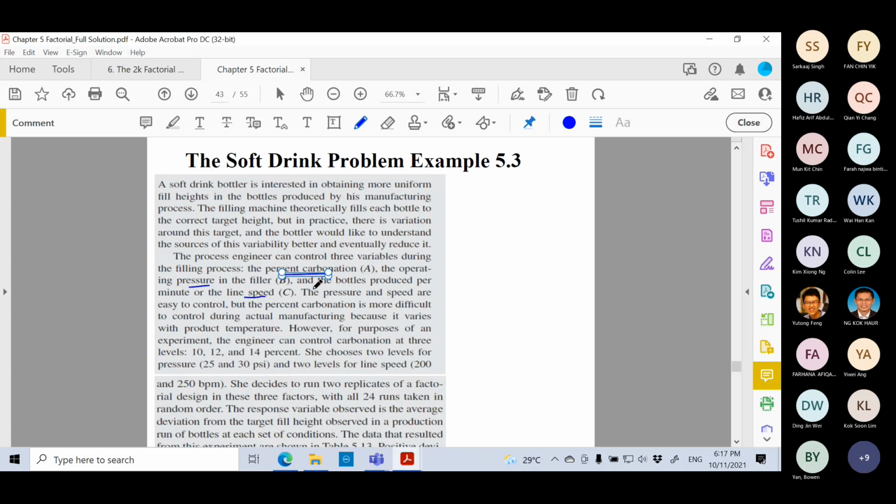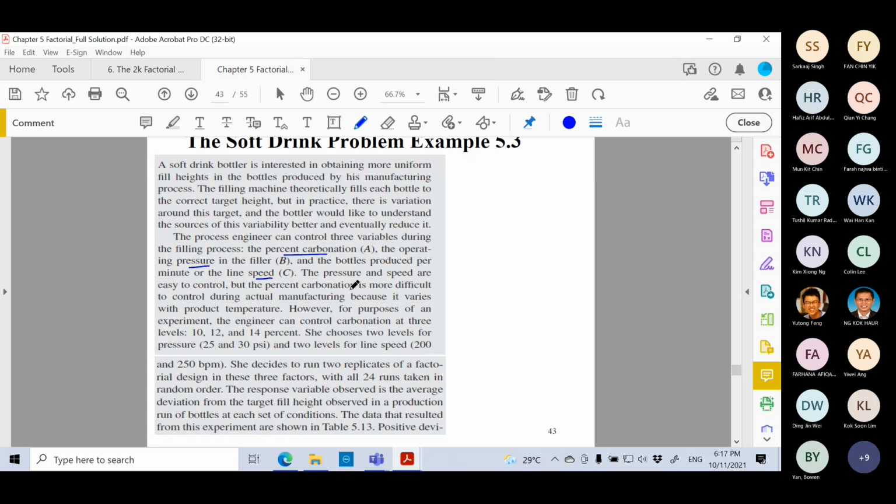They want to know whether these 3 factors affect your final outcome, or the yield of the results. Based on the 3 factors, they also use 2 replicates, so each one will have 2 replicates here. Therefore this is a 3-factor factorial design.